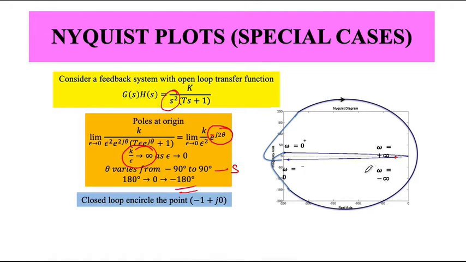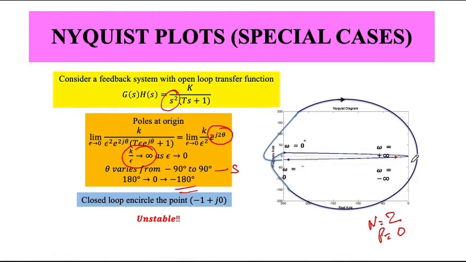The actual encirclement is 2 times, so the total number of encirclements is 2. How many open loop poles are there in the right half plane? 0. If the system were to be stable, what we need is N to be 0. Now N is not equal to 0, but equal to 2. Therefore the closed loop system is unstable.